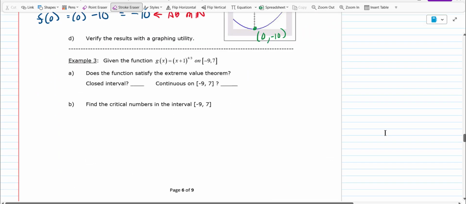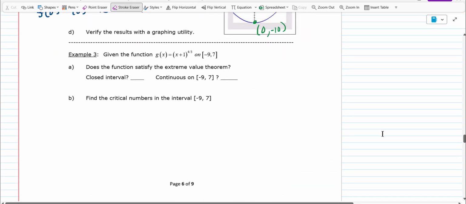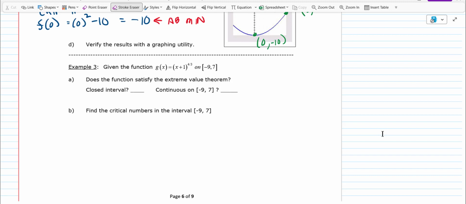Okay, so the problem gets a little bit harder if the derivative's a little bit harder. So let's do one more. I guess this should be example 4. So first of all, on this problem, did I give you a closed interval? Yes. Are we continuous? Well, all you ever do is think about, is there any value of x you would plug in that would make this undefined?